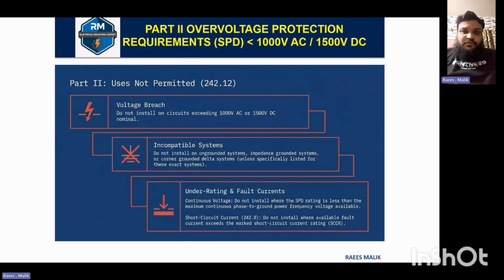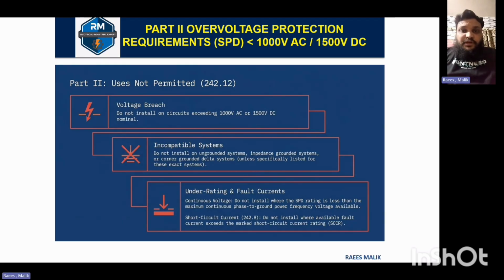Now we will discuss part 2, overvoltage protection requirements for SPDs less than 1000 volt AC or 1500 volt DC. For part 2, the use-not-permitted clause 242.12 tells us about three conditions where an SPD must not be used. Number one, voltage: an SPD should not be installed for voltage greater than 1000 volt AC or 1500 volt DC.